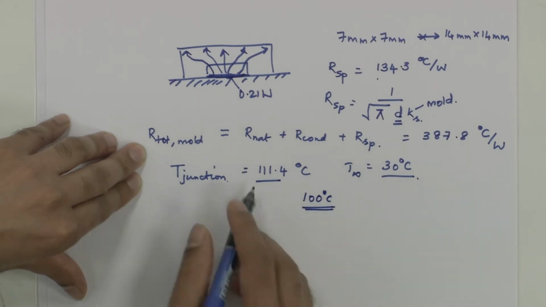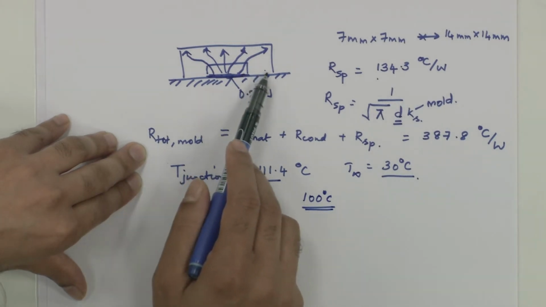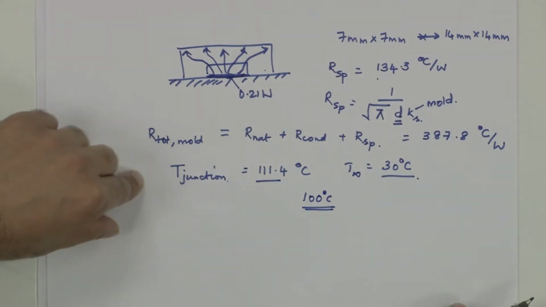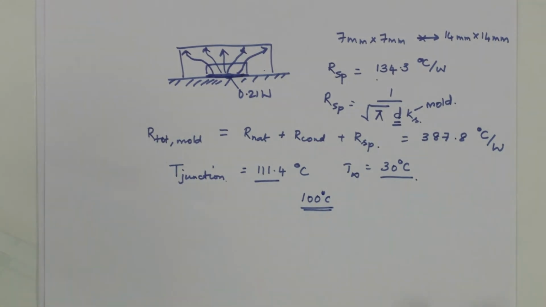So, one has to improve either the thermal conductivity of the mold, or increase the area further. But nevertheless, this example shows that providing a larger surface area helps to improve the overall heat dissipation, even if you are putting a molding material which is low thermal conducting. This concludes this problem: we cannot ignore spreading resistance, and we cannot say that heat dissipation at a smaller source level will always help.